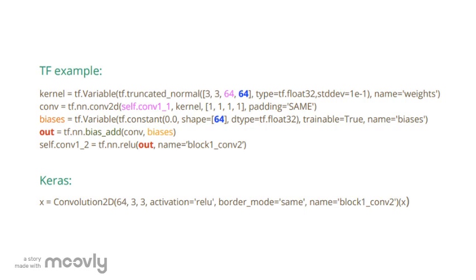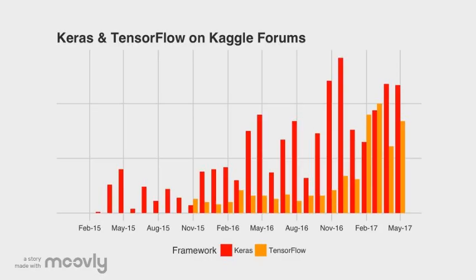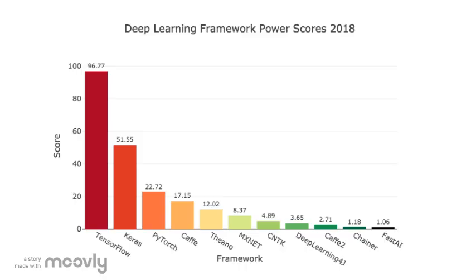And this, in turn, explains the large volume of Keras usage in Kaggle forms in comparison to TensorFlow. If we look at the deep learning framework power scores from 2018, we see the order of TensorFlow, Keras, PyTorch, and then Caffe2. Scikit-learn is not on this graph as it focuses on machine learning techniques.